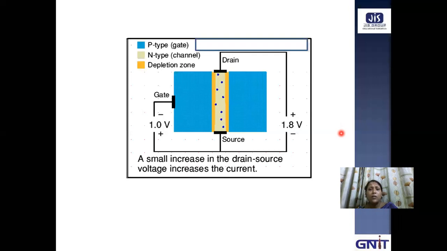A small increase in the drain source voltage increases the current. See what is happening here. The drain to source voltage is increasing, so this will obviously increase the current. If you further increase, what is happening? As this side is positive, this side is negative.